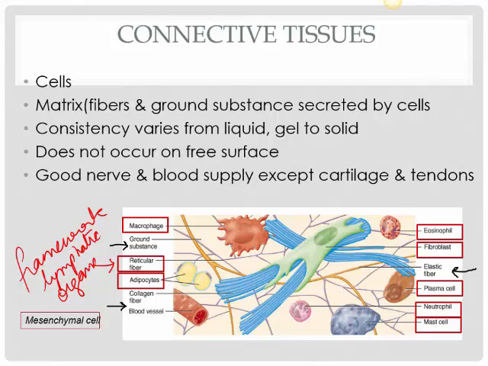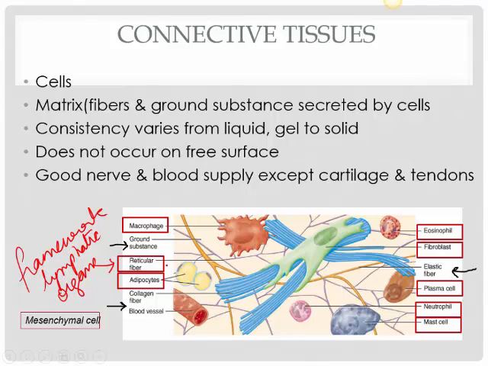Collagen fibers are seen in all connective tissue. In lymphatic organs, you'll see a lot more reticular fibers, maybe less collagen fibers. And you'll see elastic fibers in areas where you need some elasticity. So we'll see, for example, when we have something called elastic cartilage, we'll see more elastic fibers then. In the connective tissue of very large blood vessels which need to stretch, again we see a lot more elastic fibers.